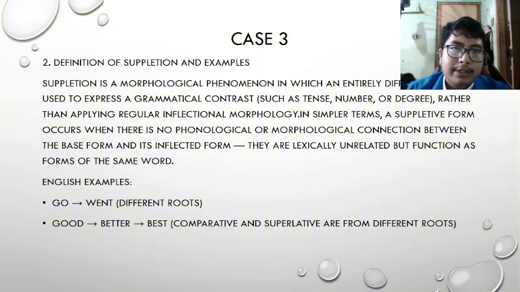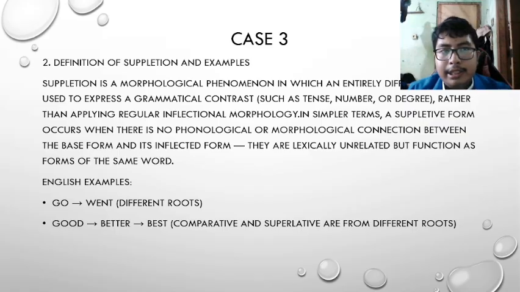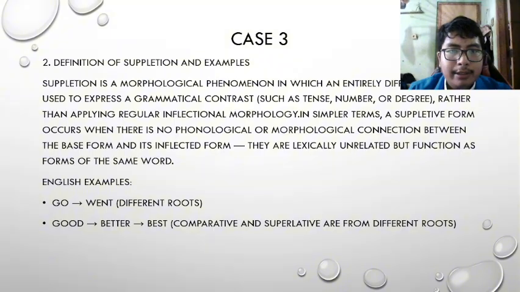Number 2, definition of suppletion and examples. Suppletion is a morphological phenomenon in which an entirely different root is used to express a grammatical contrast such as tense, number, or degree, rather than applying regular inflectional morphology. In simple terms, a suppletive form occurs when there is no phonological or morphological connection between the base form and its inflected form.